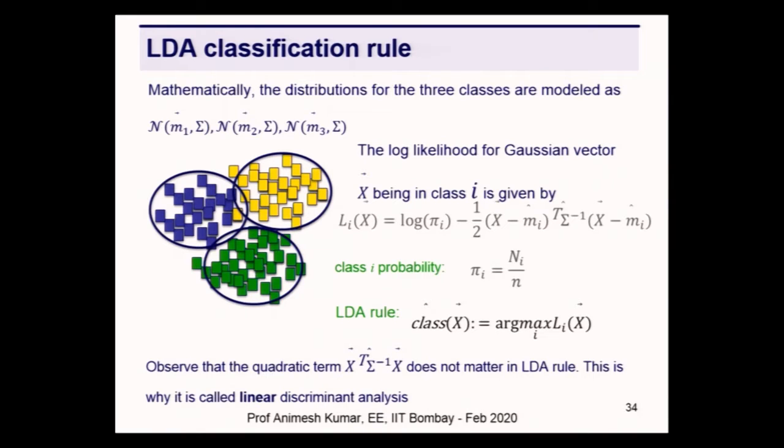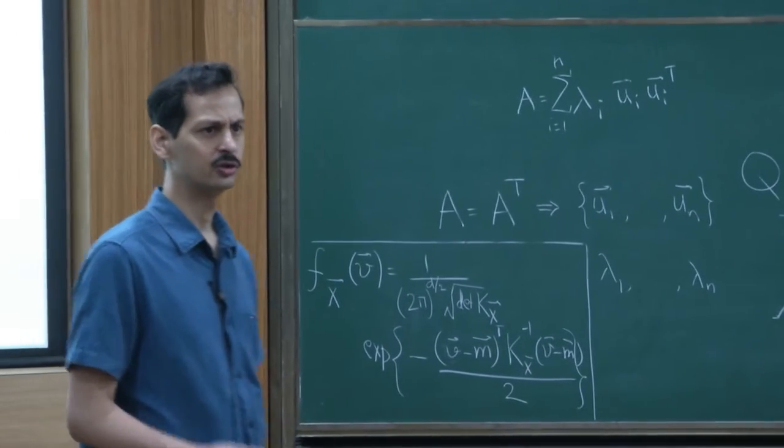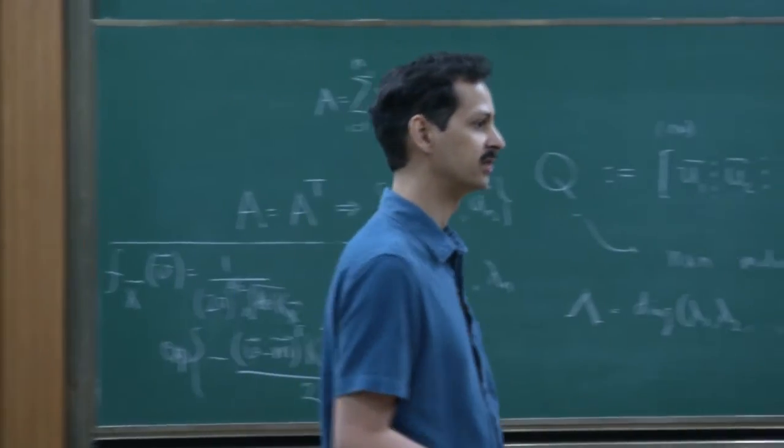So you collect the number of class 1 labels and divide it by the total number of labels, and that's the probability that I will even see class 1 in the first place. That's pi 1. Similarly, pi 2 will be the number of class 2 labels that I have seen divided by the total number of labels. That's the probability that I will see a class 2 label, and you multiply that onto the PDF. That's your usual Bayesian formula.